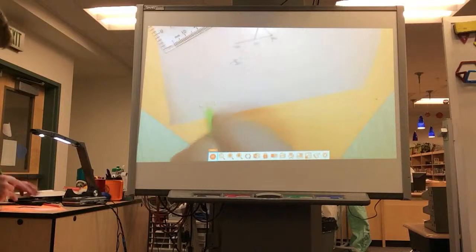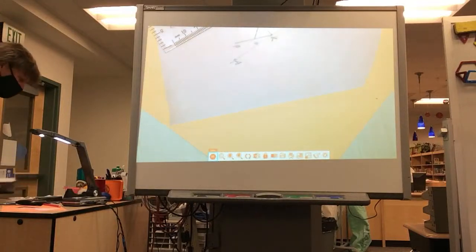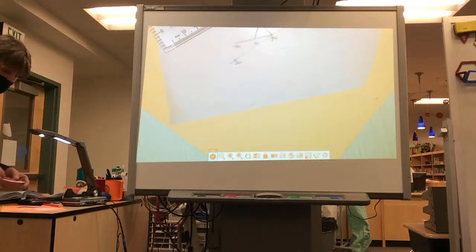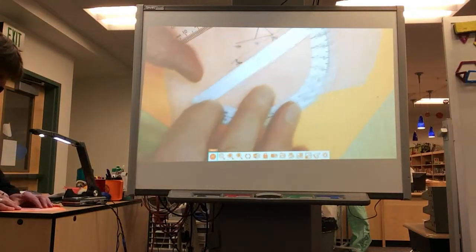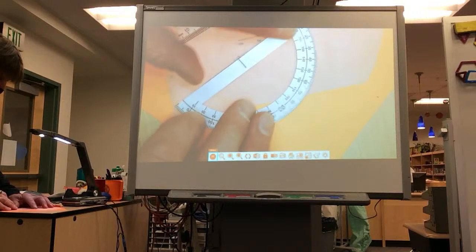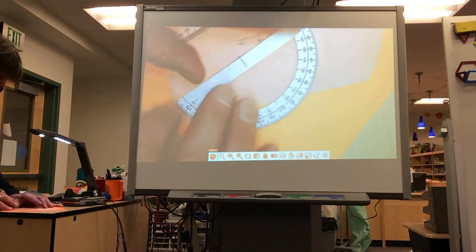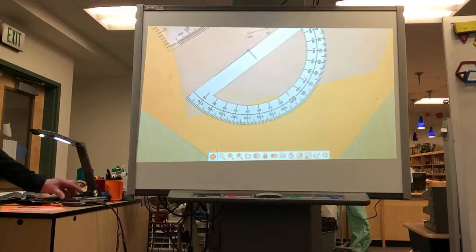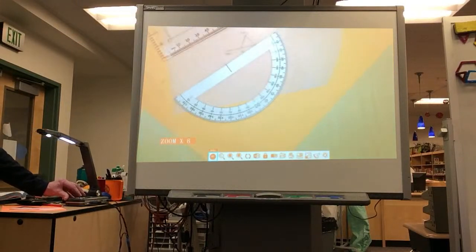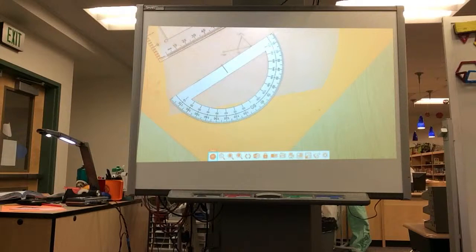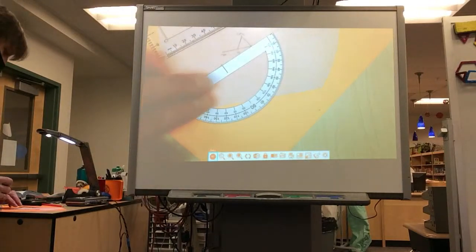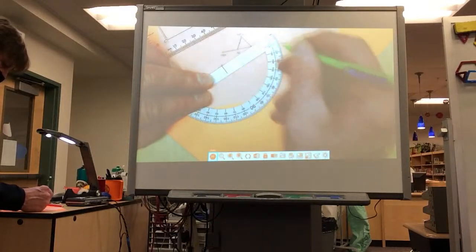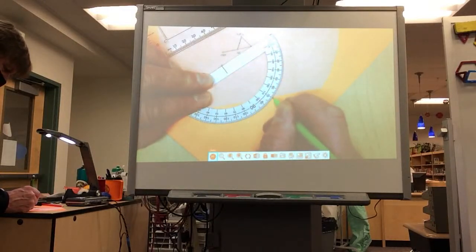So what we'll do is take our protractor and measure a 70-degree angle, with the vertex of that angle at point A. I have one side of my angle drawn to point R, and I come back, I find 70 degrees.